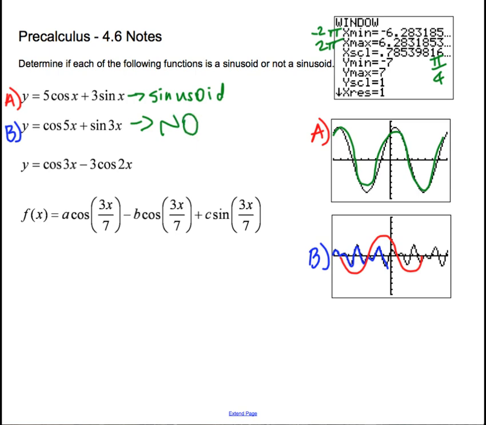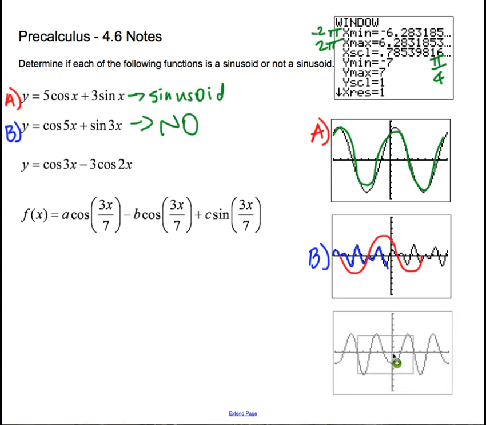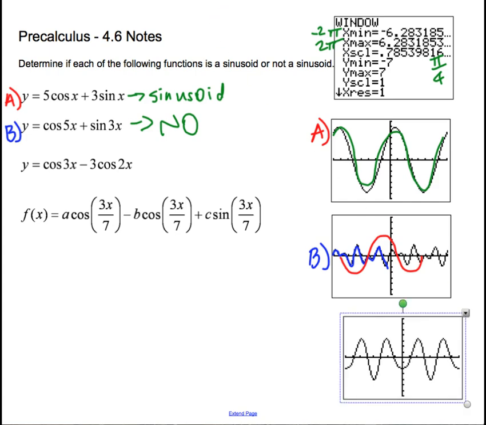Let's look at part C. Let's look at the third guy here, and maybe based off these three, we can make a conjecture about the last one. So here's C. Let's look at C, and again, I don't see that it has a real pretty curve. It dips way down here.